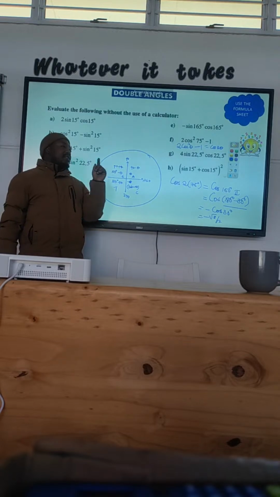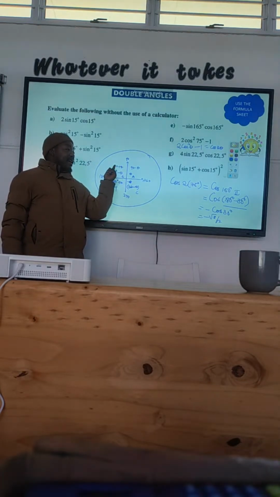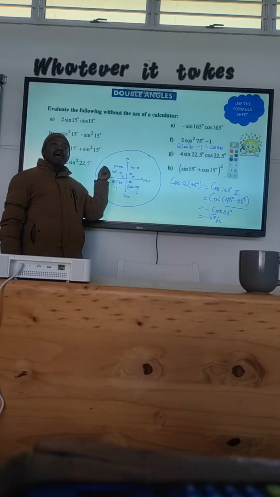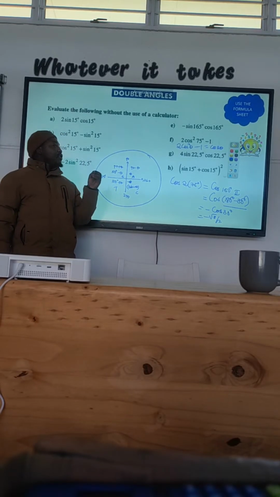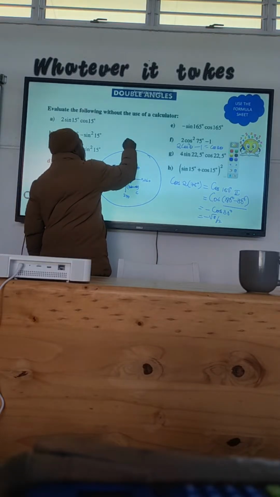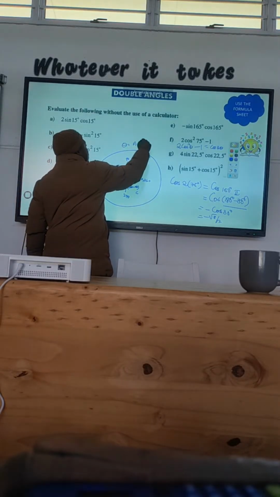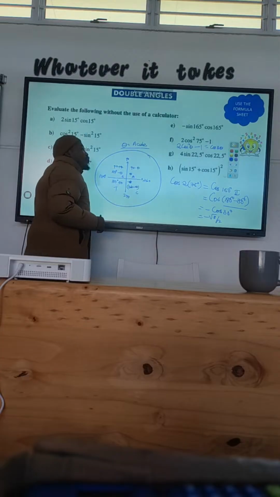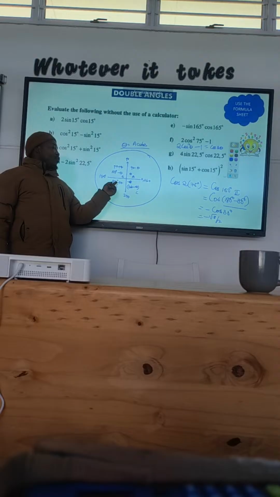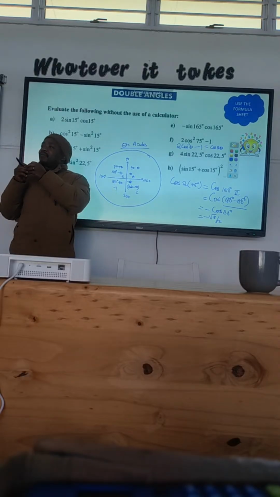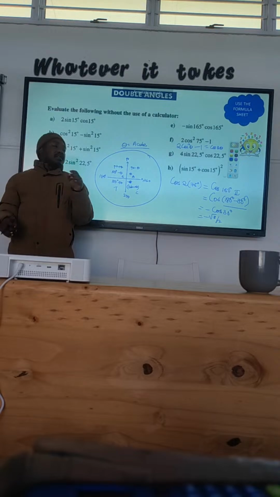In the second quadrant, you will have 90 plus theta, or you will have 180 minus theta. This will tell you that you are in the second quadrant. Remember, your theta needs, at all times, to be an acute one. For the third quadrant, 180 plus theta. That's what identifies the third quadrant.